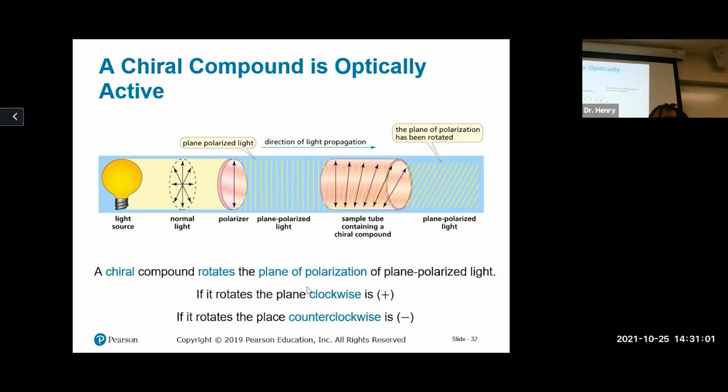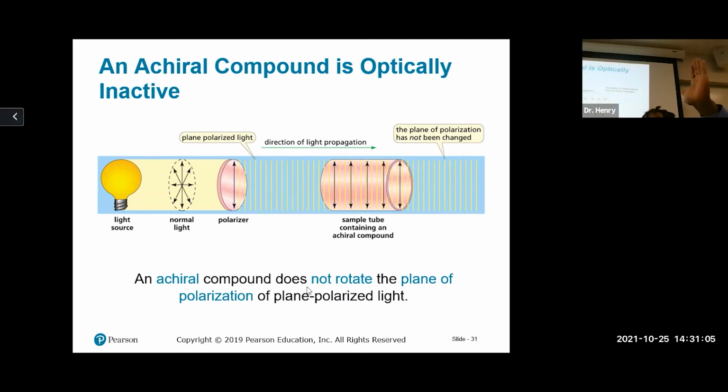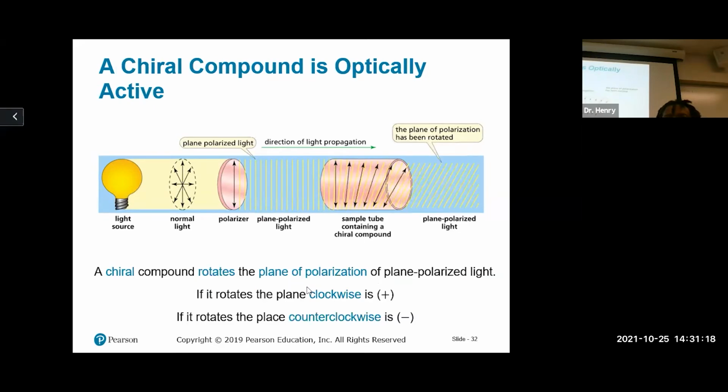Make sense? Optically inactive basically means we can't polarize them, or they're already polarized. They're in that one direction, and that's the only way they can go. Where something that is optically active can be polarized.